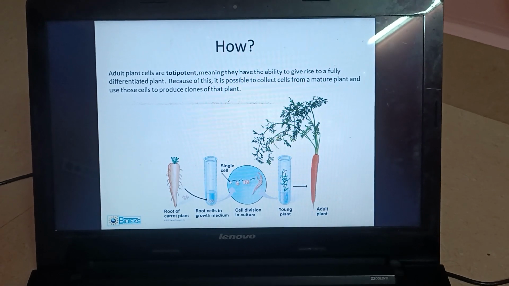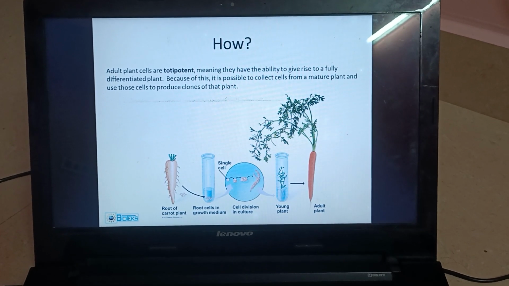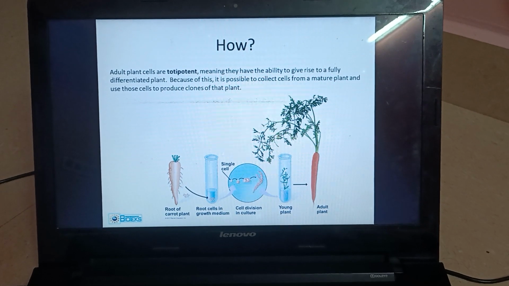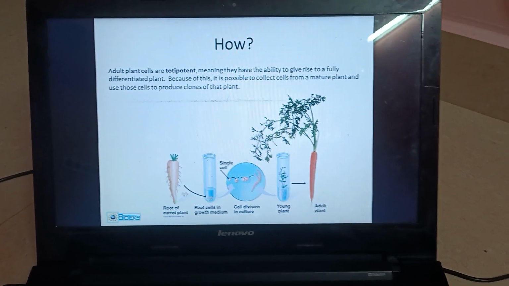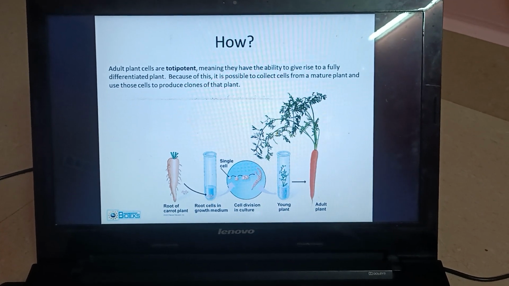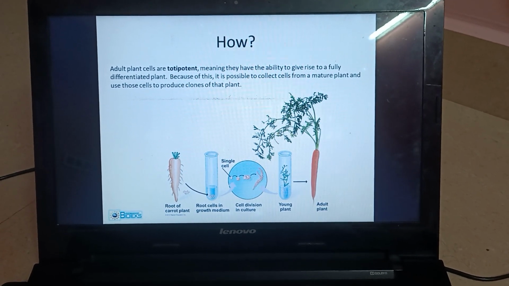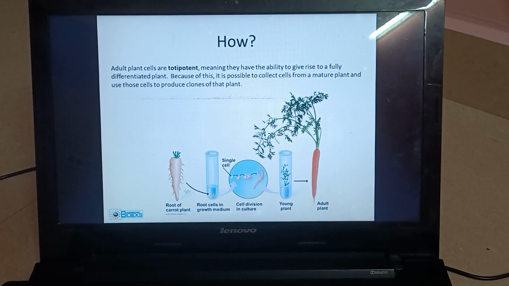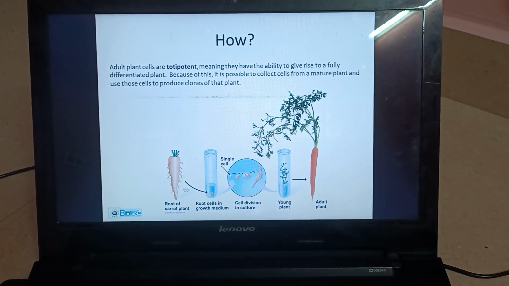That means, in the previous slide, I talked about the explant. Each plant part has totipotency. Totipotency means the cells are able to grow into a fully differentiated plant.